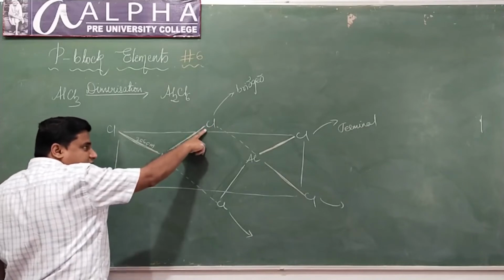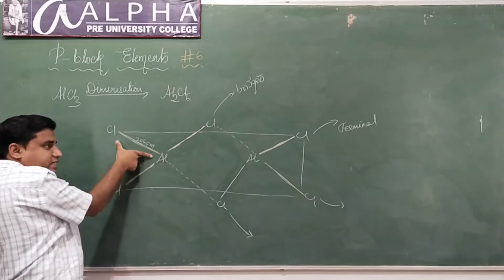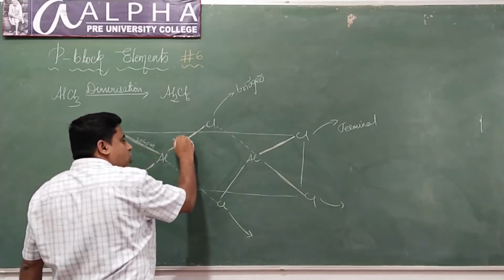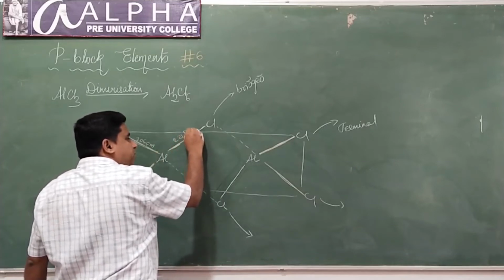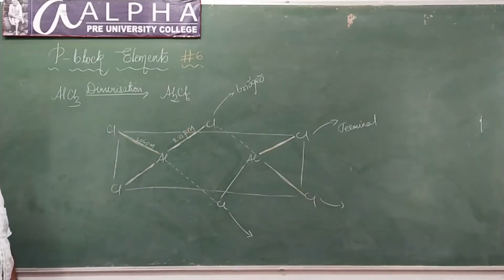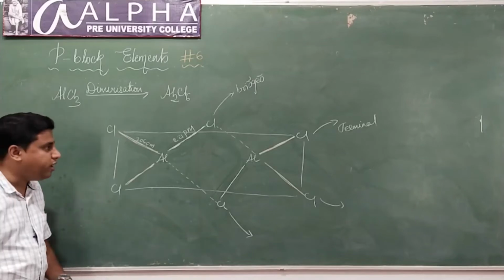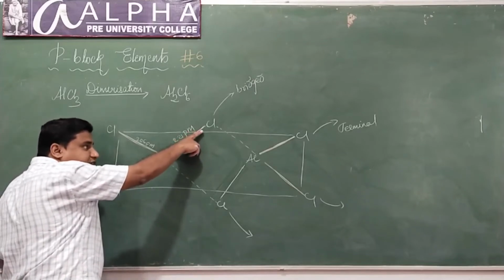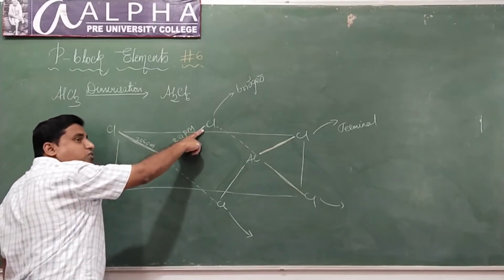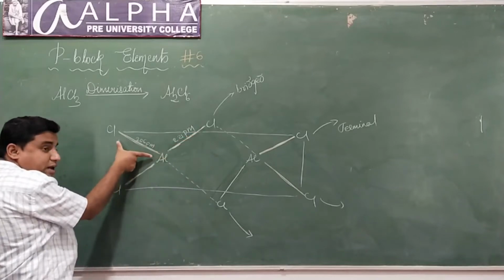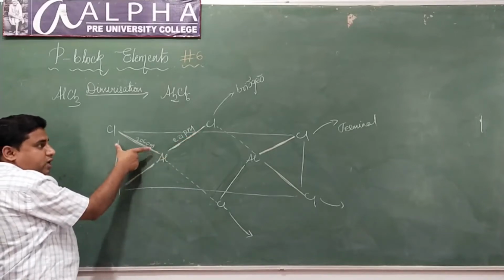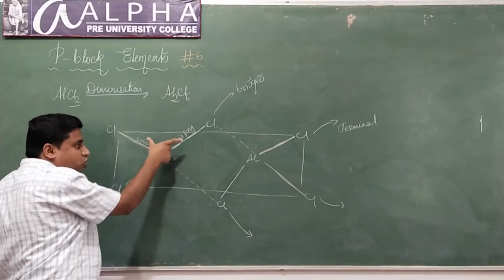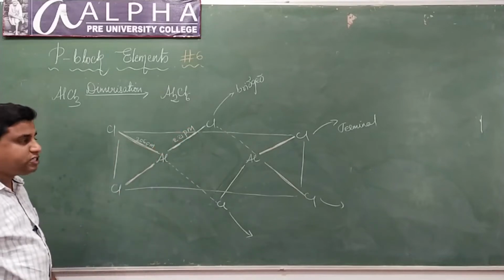This AlCl bond will be longer than this AlCl bond and it will be 221 picometer. So this bridged AlCl bond will be longer than the terminal AlCl bond. This is 221 picometer, whereas this is 206 picometer.